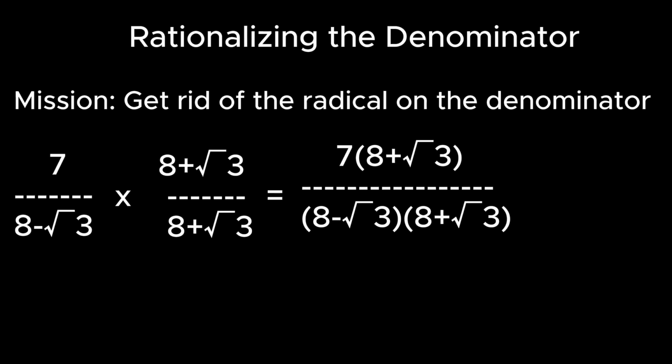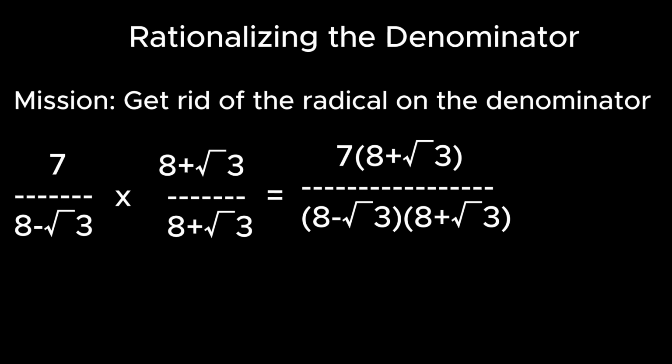Multiply 8 by radical 3, you get 8 radical 3. Multiply negative radical 3 times 8, that's negative 8 radical 3. And then we just have to multiply the negative radical 3 times the radical 3. So we'll get negative 3.